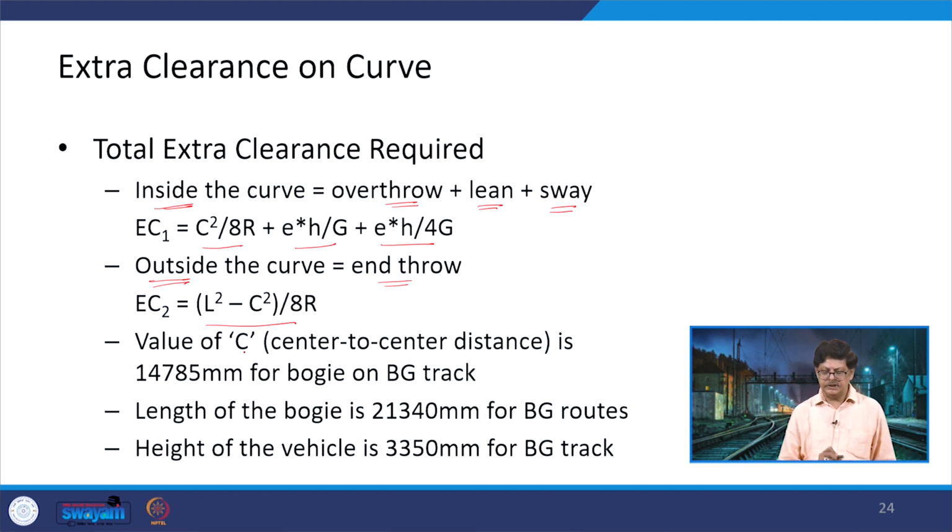This value of c, the center to center distance, is taken as 14,785 mm in the case of bogies being used on the broad gauge track. The length of the bogie is taken as 21340 mm for broad gauge, and the height of the vehicle is taken as 3350 mm, again for the broad gauge tracks.